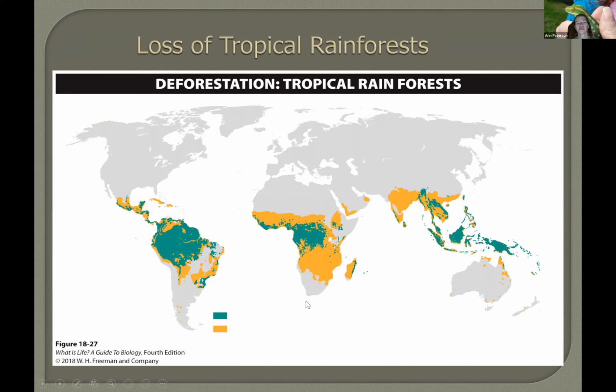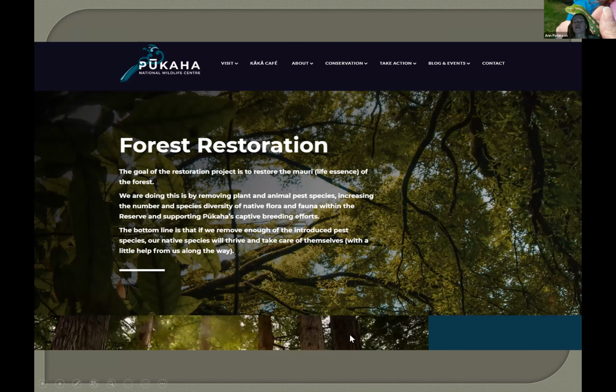These are just locations of rainforests, but there have been some remarkable efforts at forest restoration. I know someone who helps to build bridges where they put actual diverse landscape over the top of the bridges. So it's a wildlife corridor connecting two natural areas.